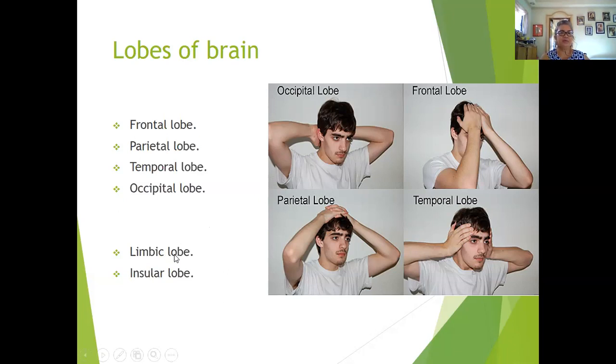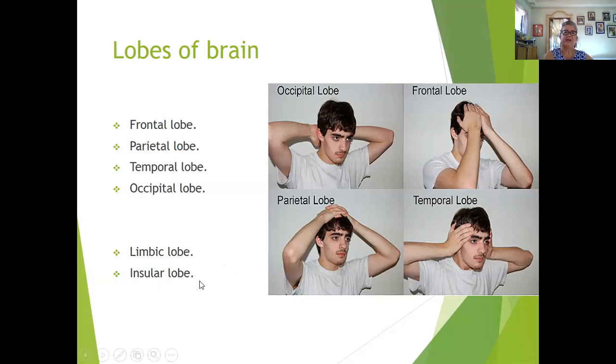I will not discuss the limbic lobe because Dr. Ongbit has already discussed this with you. And the insular lobe, for some neuroanatomists, they consider the insular lobe as one of the lobes of the cerebral hemisphere.